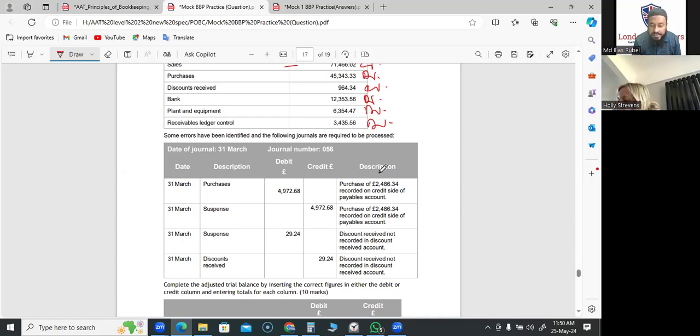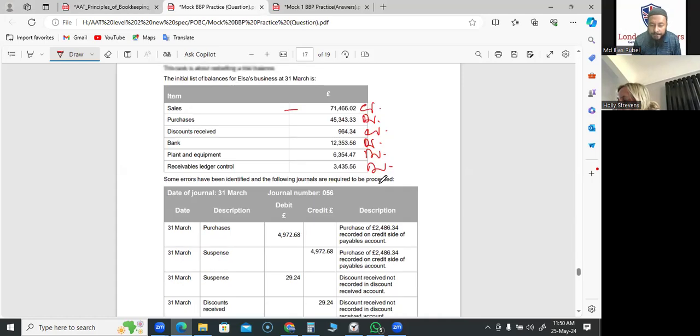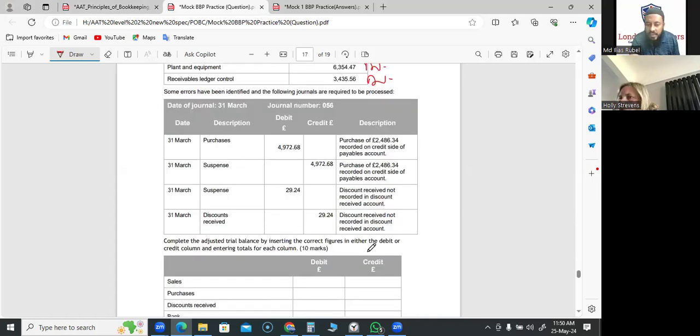Here is a correction, like purchases. Look at what they said. Look at the purchases: this much was recorded on the credit side of payables, but nothing in the purchase account. Some errors have been identified and the following journals are required to be processed, which means you need to do those and correct it.